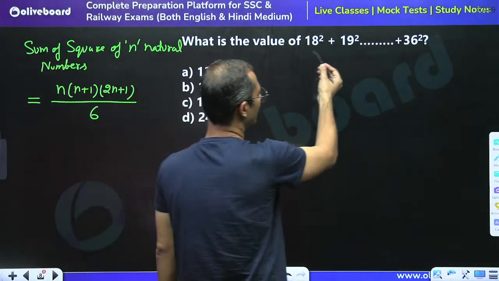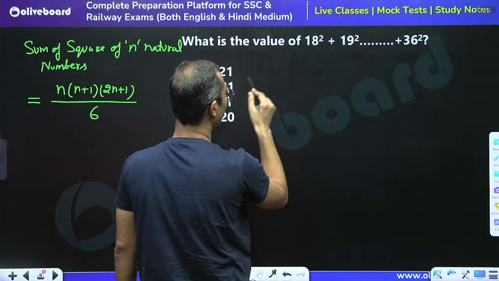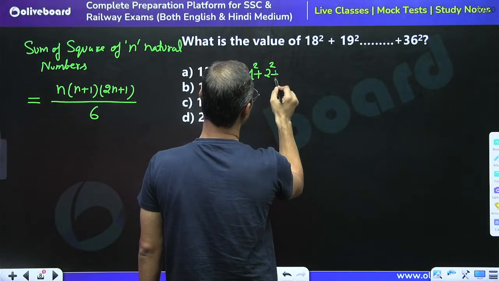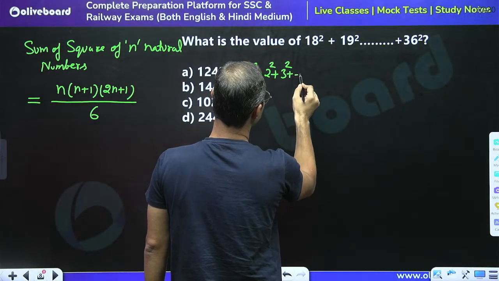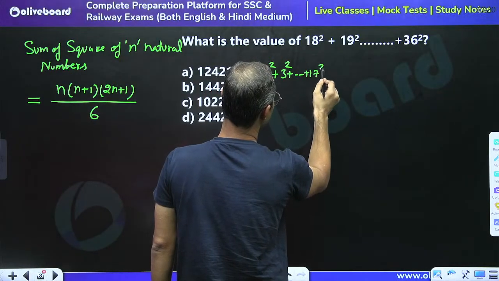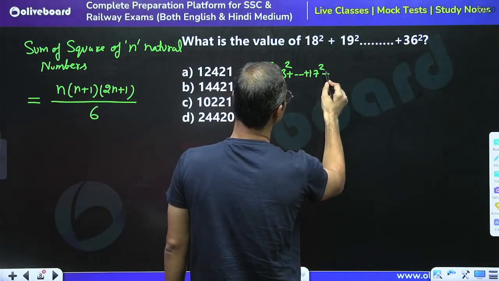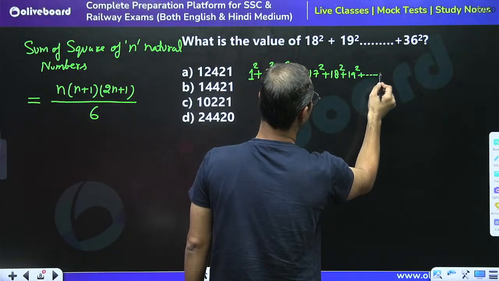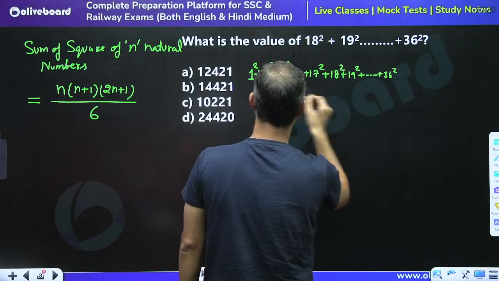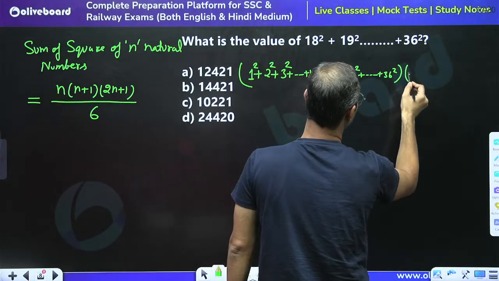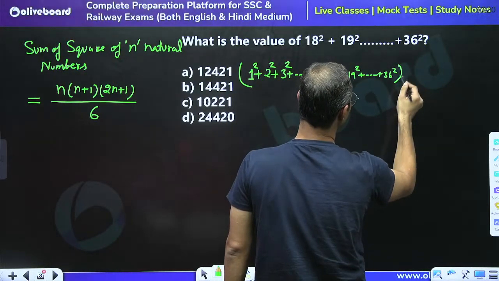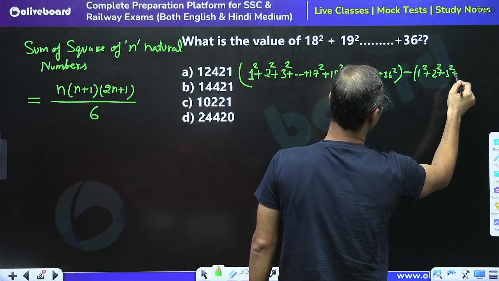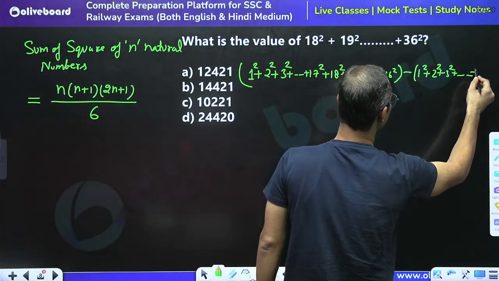So this is not the complete series, right? So make it complete. We can say 1 square plus 2 square plus 3 square plus dash dash dash plus 17 square, just adding this, plus 18 square plus 19 square till 36 square, and subtracting from the sum 1 square plus 2 square plus 3 square till 17 square, right?